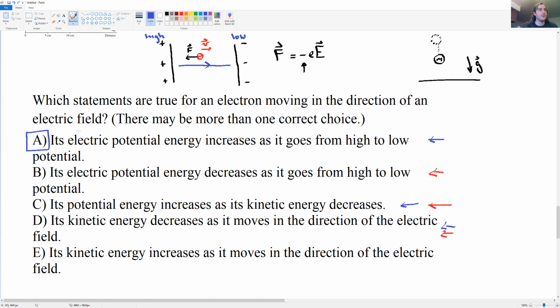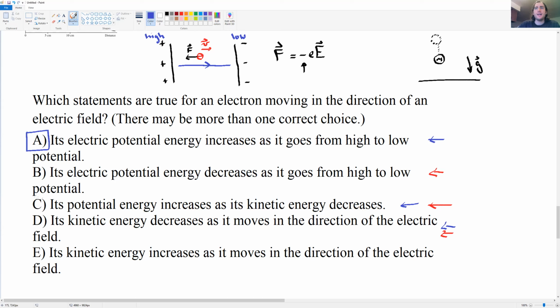We also need to remember that if the electric field is pointing from left to right, as we've drawn it here, then the potential is increasing to the left, opposite of the electric field. So we have to remember how to get the direction of the force, and where high and low potential are. Electric field always points from high to low.